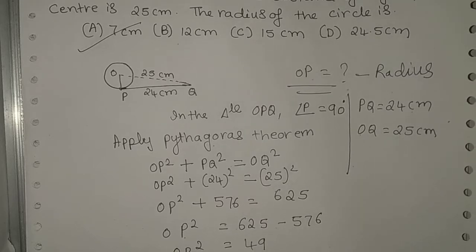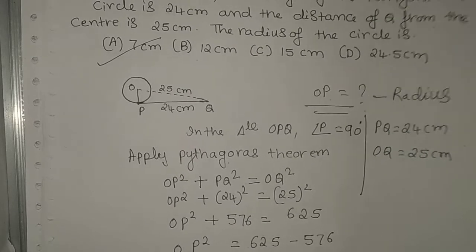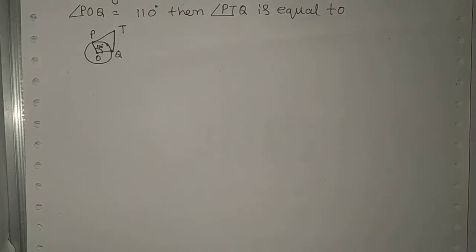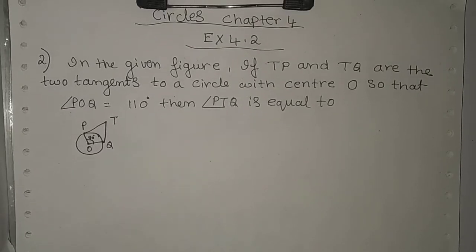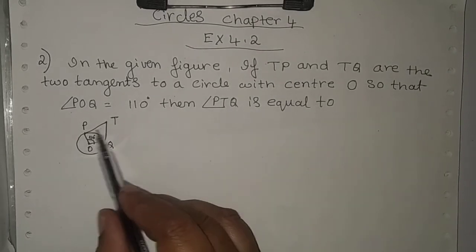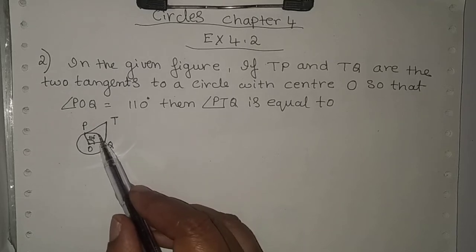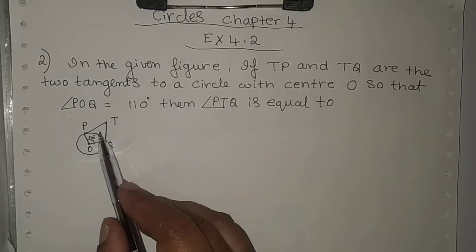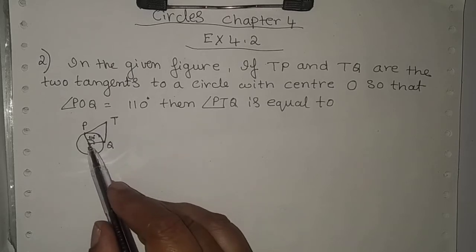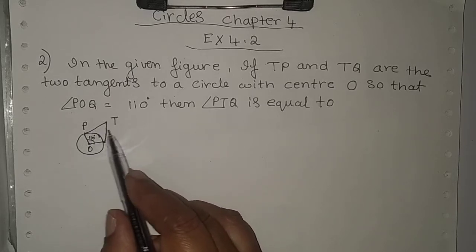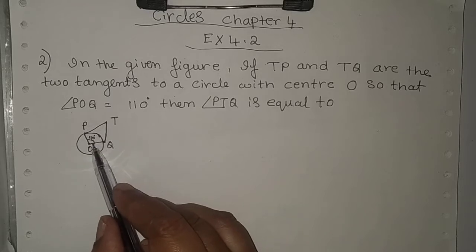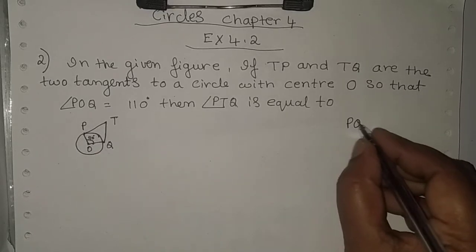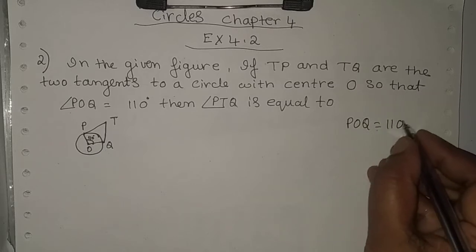So we completed the first problem, we move on to the second one. The second problem given is, in the given figure, which is in the textbook, if TP and TQ are 2 tangents to a circle with center O, so that angle POQ is equal to 110 degrees.